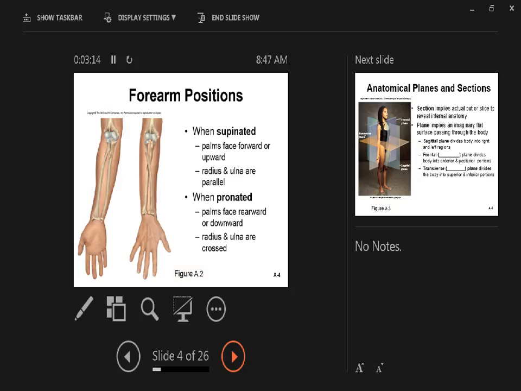Okay. What's the anatomical term for your hand? What's the anatomical term for your hand? Next person. What's the anatomical term for your hand? Can y'all just do a lab on this?